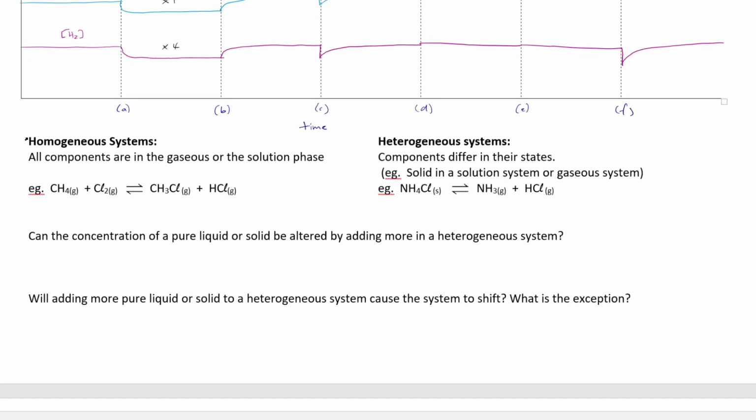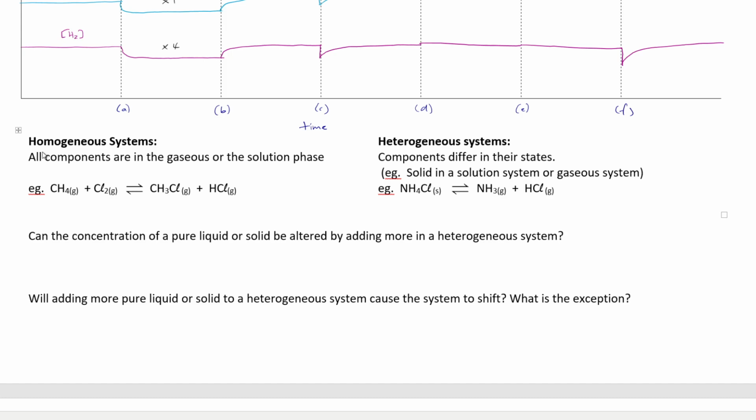So this was a homogeneous system in which all components were in the same gaseous or solution phase. You can, however, have a heterogeneous system, right? Which is where you have a solid in a solution system or gaseous system. Now, when you have a solid in the system, this changes the way we do our concentration versus time graphs.